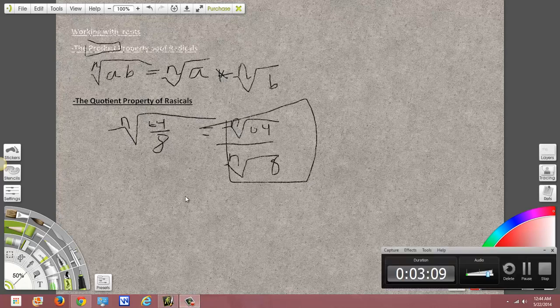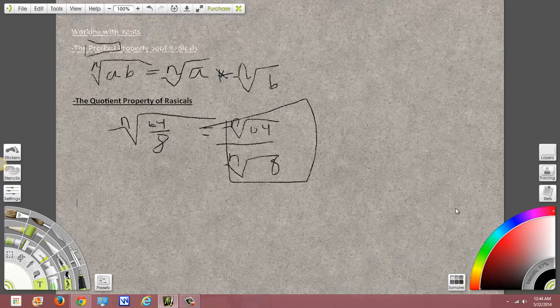Now we're going to talk about how to simplify radicals. It's pretty straightforward.